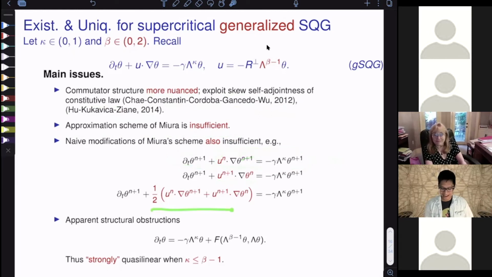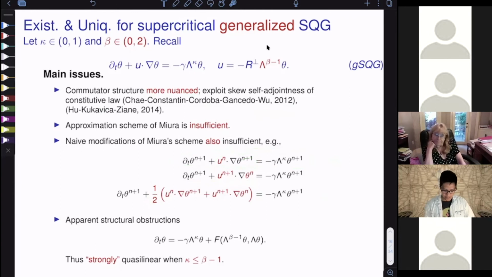And so, of course, a very naive thing is to simply take a convex combination of them. And it turns out that this doesn't work either. Even though you're able to form commutators, in fact, even double commutators with this scheme, it's still not enough to reallocate the derivatives in a nice way.